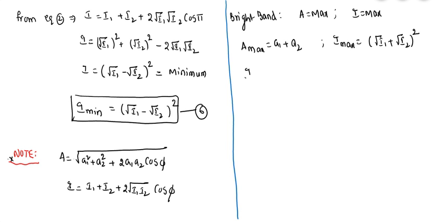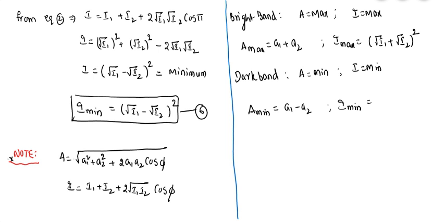And in case of the dark band, amplitude is minimum and intensity is minimum. The minimum amplitude is A1 minus A2 and the minimum intensity is root I1 minus root I2 whole square.